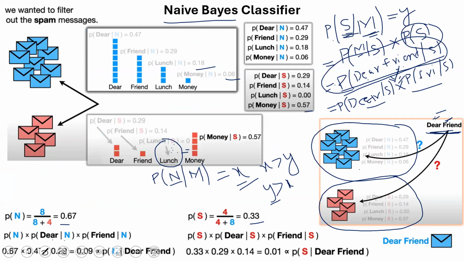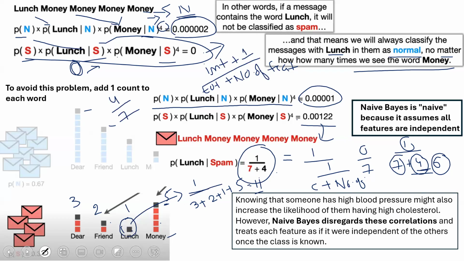This is 4, 5, 6, 7. 4 by 7 would be 0.57. That is how you calculate it. Now with Laplace correction, the initial frequency is 4, and the total frequency is 7. The total number of words in non-spam is 7. You are adding plus 1 to this, plus the number of features, that means 4. So this becomes 5 by 11.